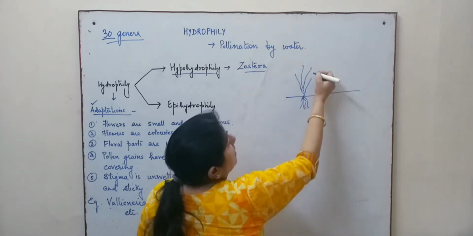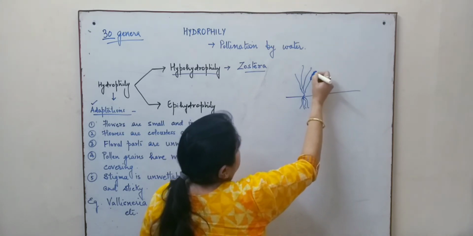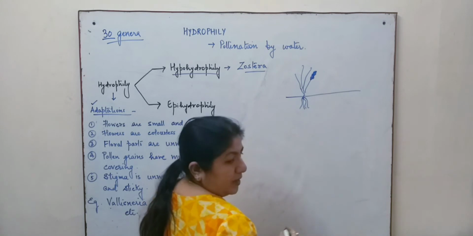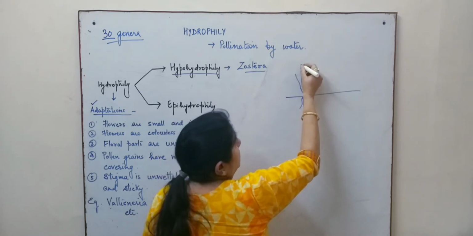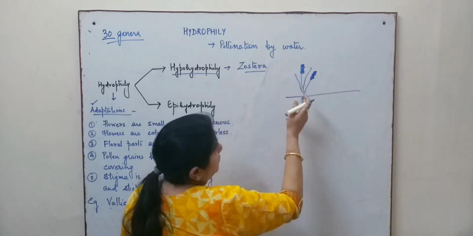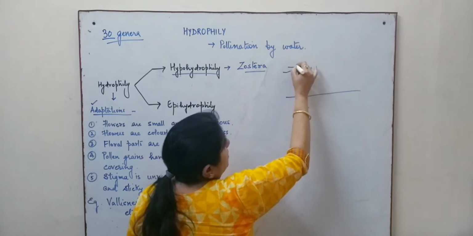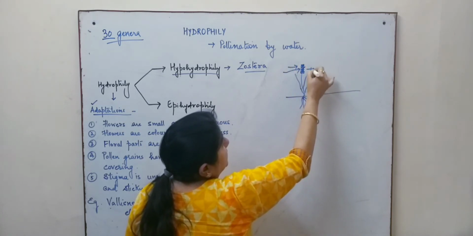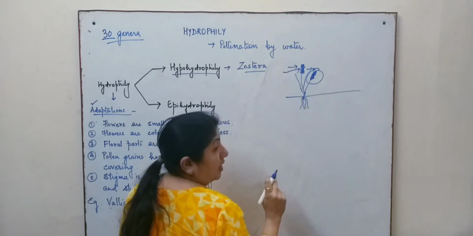And here is a female flower, which I am marking in blue, and there is another, the male flower. When maturation happens, along with the water current the pollen grains are released, which are then trapped by the female flower and the pollination occurs.